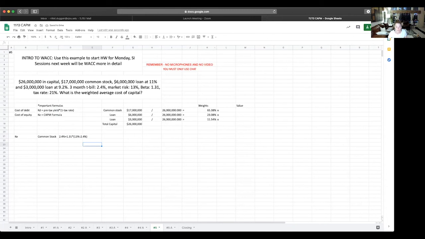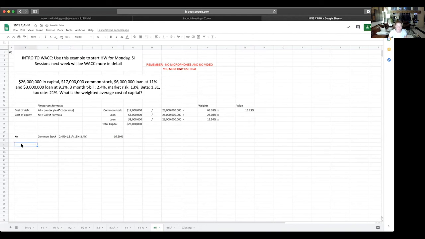If you have any questions along the way, type them out in the chat, or if I'm going too fast, I can slow down a little bit. Then we solve this equation and you end up with 16.29%. Again, I reference this number right here, so if I were to type a new CAPM equation, it automatically changes.